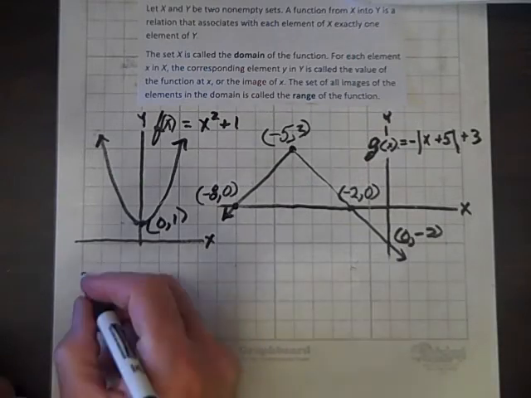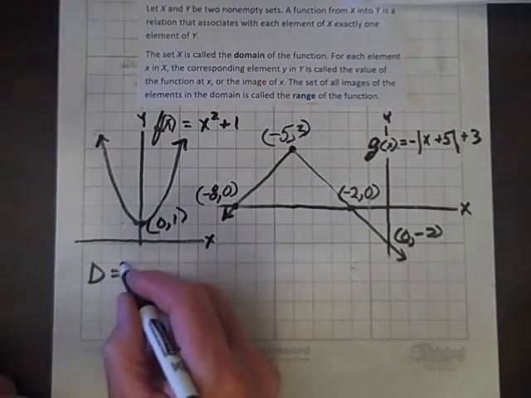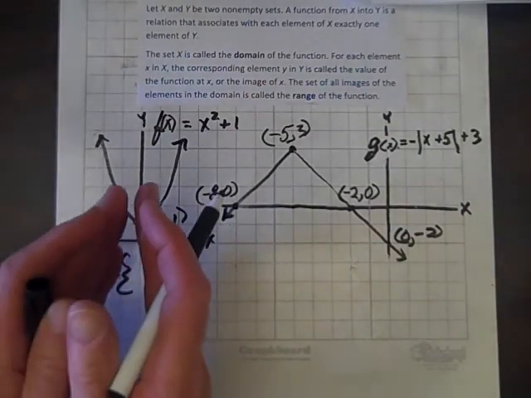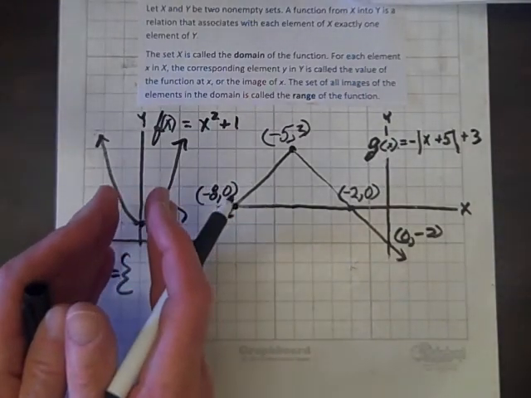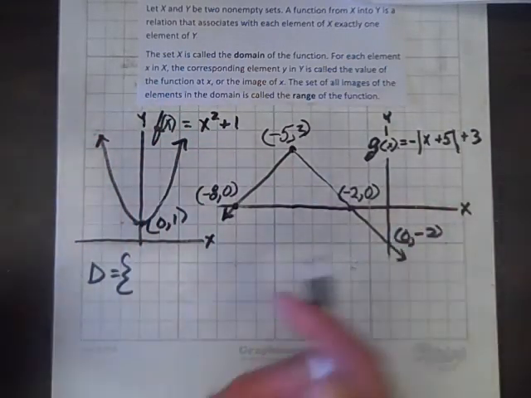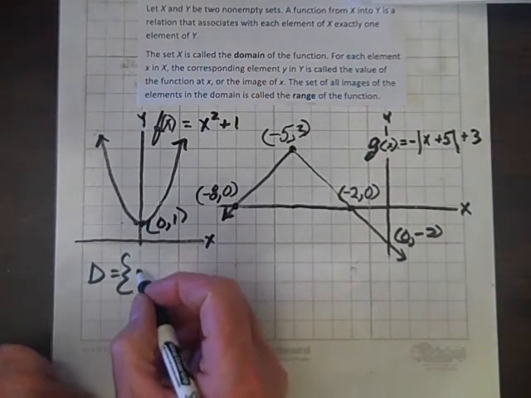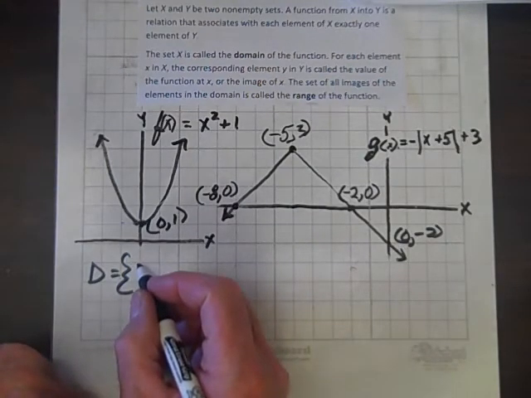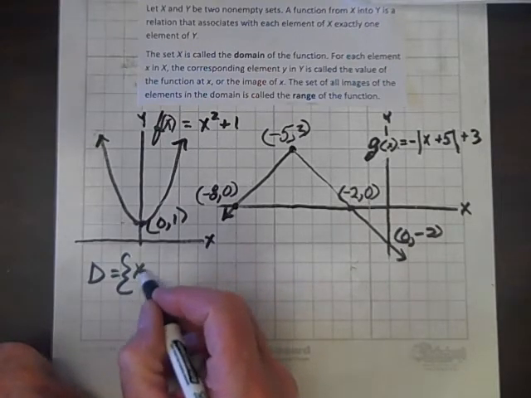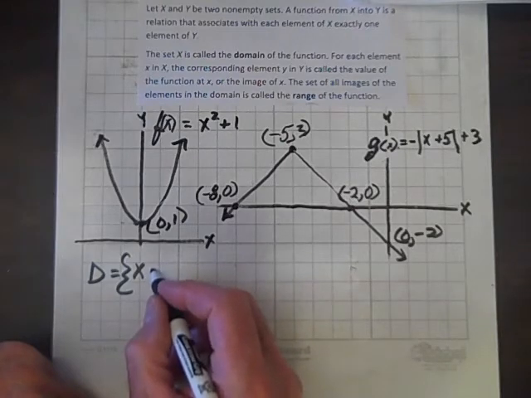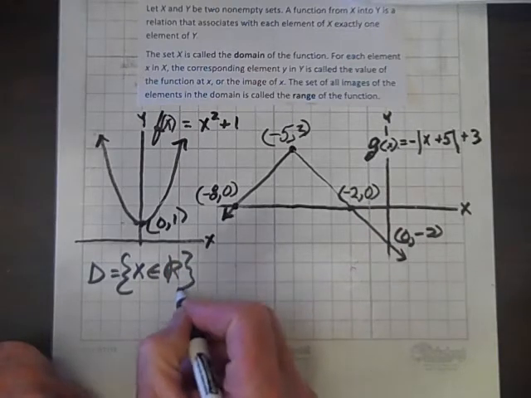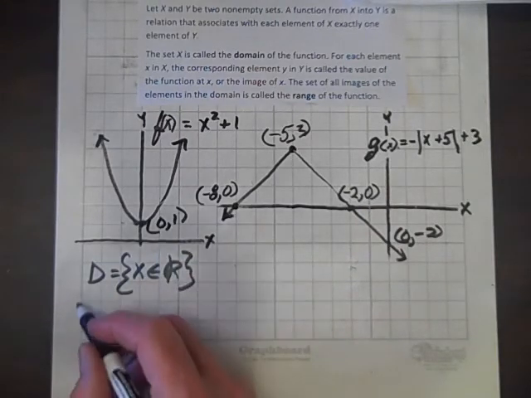Now, as to the domain for f of x, the arrows indicate that this function is not only going up, but also spreading left and right, and such that all real numbers are candidates for x. So the domain is all reals, or in set builder notation, the set x such that x is an element of the reals.